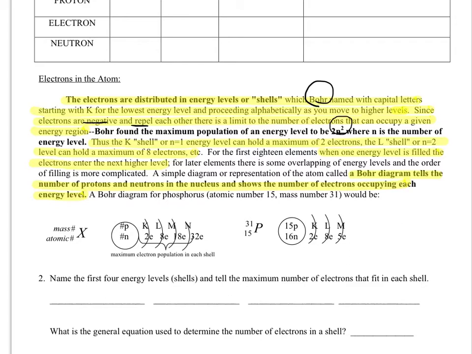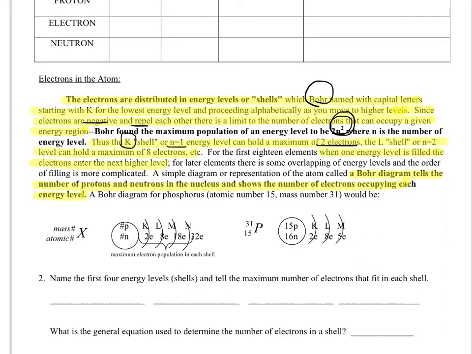So he said, okay, if K is the first energy level, right, we'll plug in 1 first for n, and 2 times 1 squared using this formula gives us 2. So the first energy level, the first shell around the nucleus, can hold 2 electrons maximum.